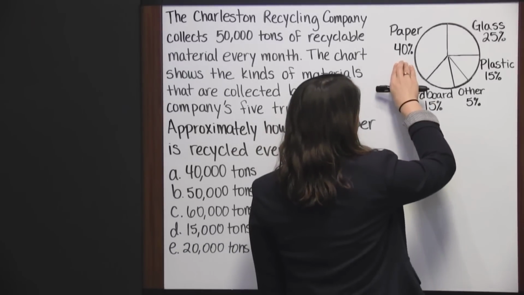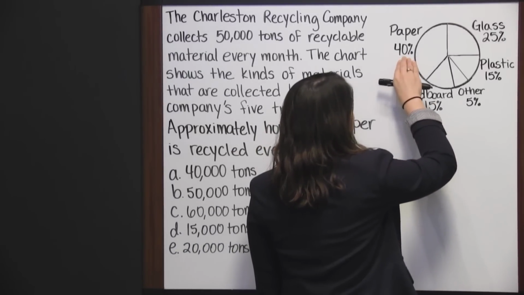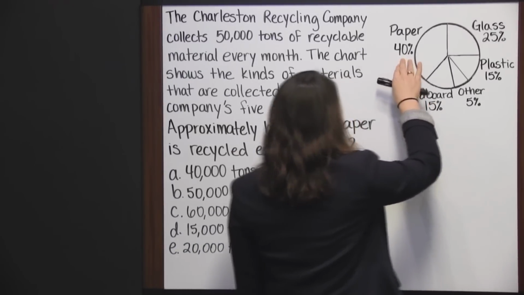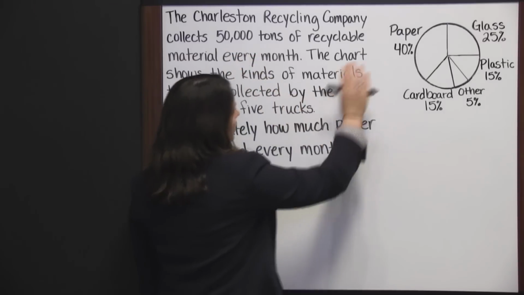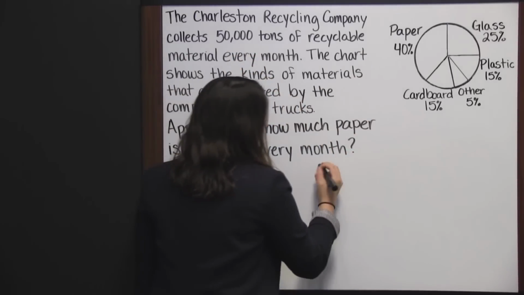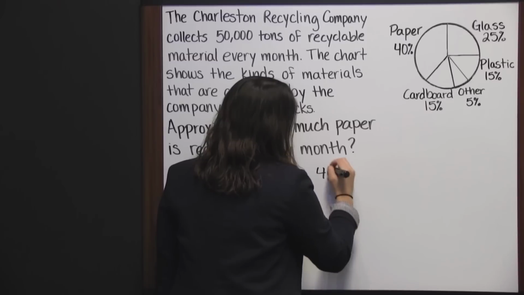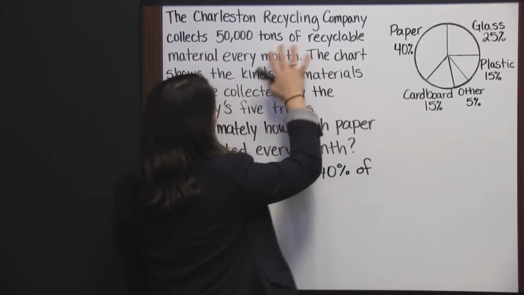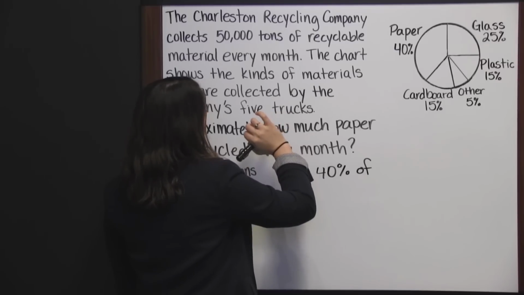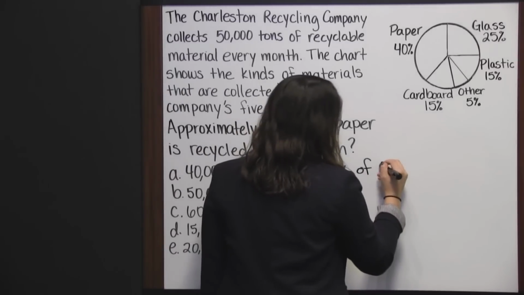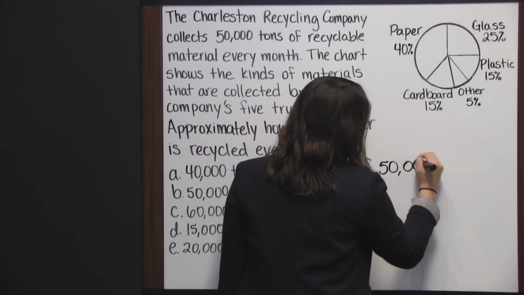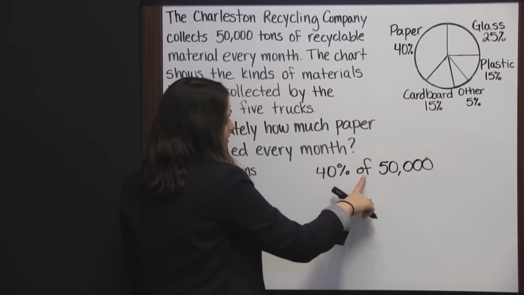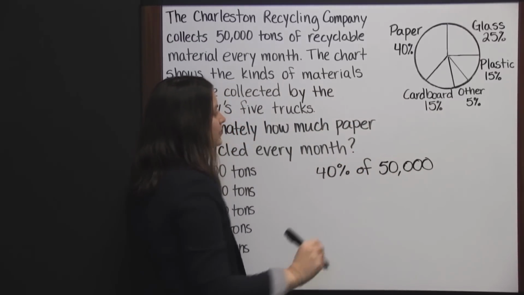So this 40% means 40% of the total. Paper is 40%, so 40% of the total amount of recyclable material collected, or 50,000 tons, 40% of that is paper.